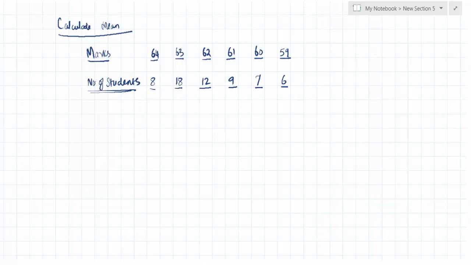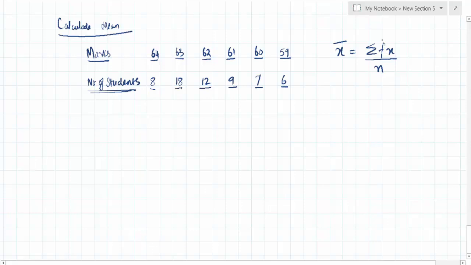What was the formula for finding arithmetic mean when you have the group data? The formula for finding arithmetic mean x bar is nothing but summation of fx divided by n. If you have the information in class interval form, then the x represents the midpoint.